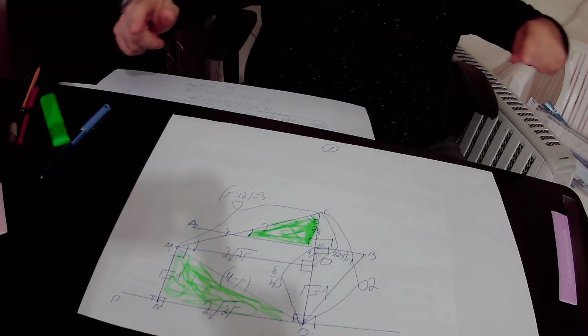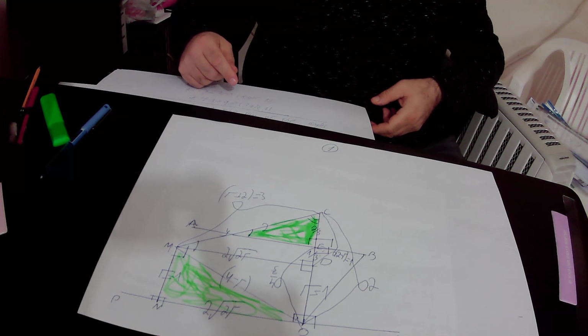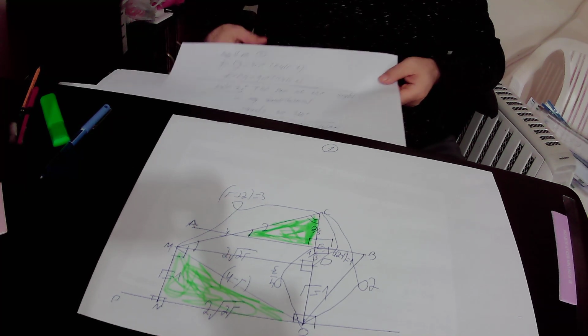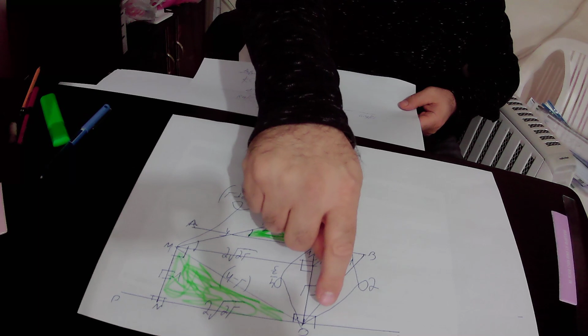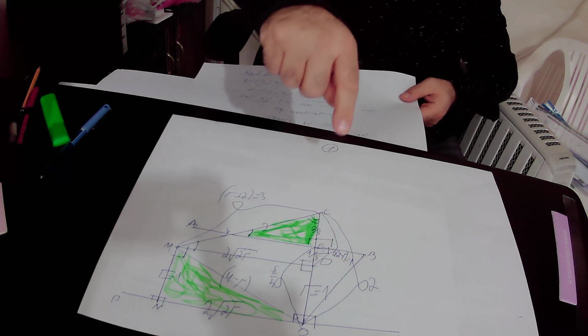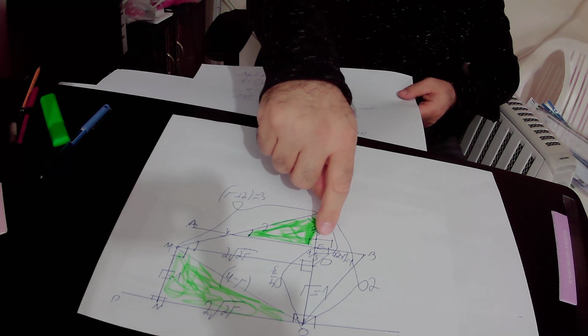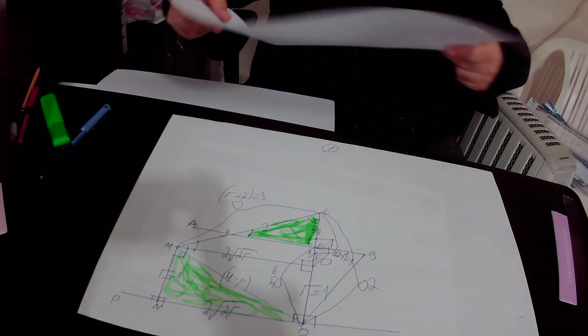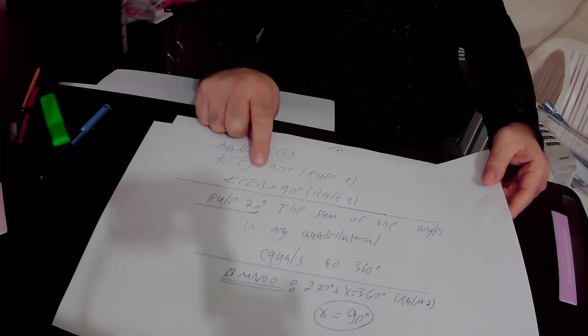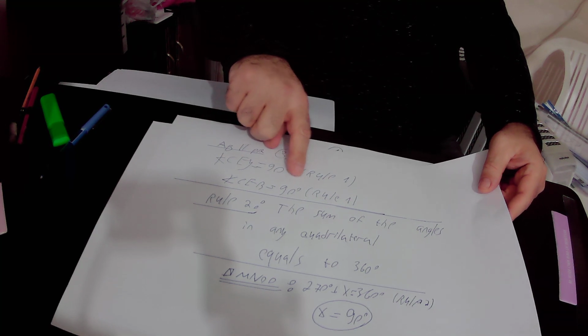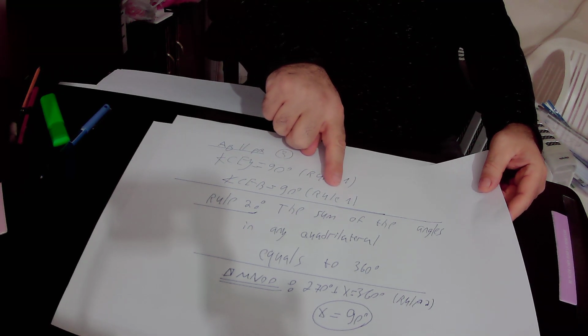Therefore, according to rule number 1, they are equal to each other. And this angle is a right angle, it equals 90 degrees. So in total, angle CEB equals 90 degrees according to rule number 1.